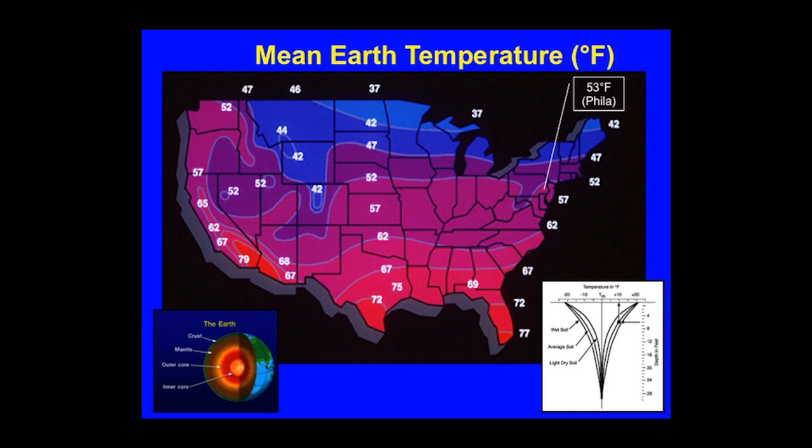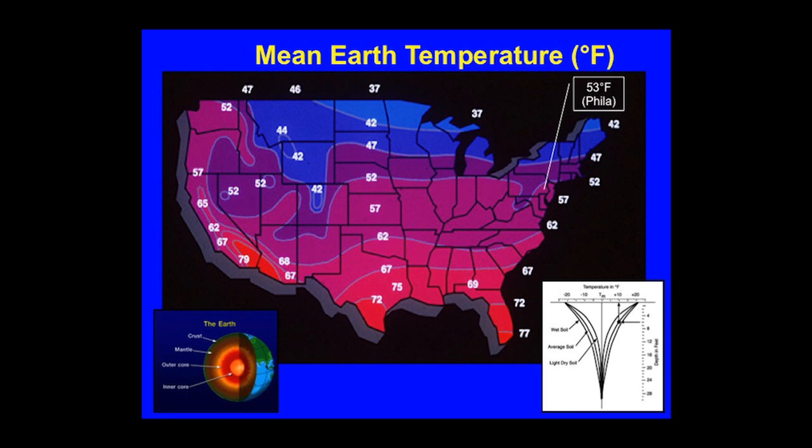So what does that mean? If I drill a hole in the ground deeper than about 20 feet and no deeper than about 2,000 feet, so between about 20 and 2,000 feet in Philadelphia, or if I did it in New Jersey, whatever, I would pretty much guarantee that the Earth temperature at that point is 53 degrees. And that's equal to the mean average annual air temperature in Philadelphia.